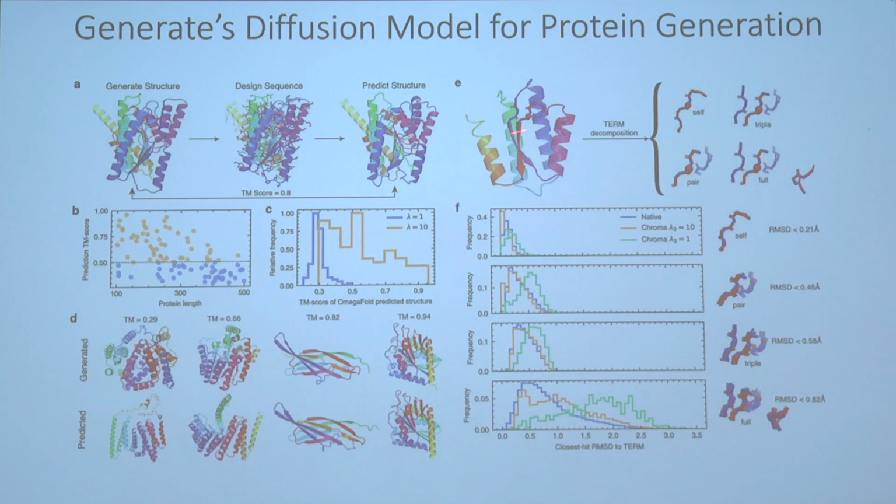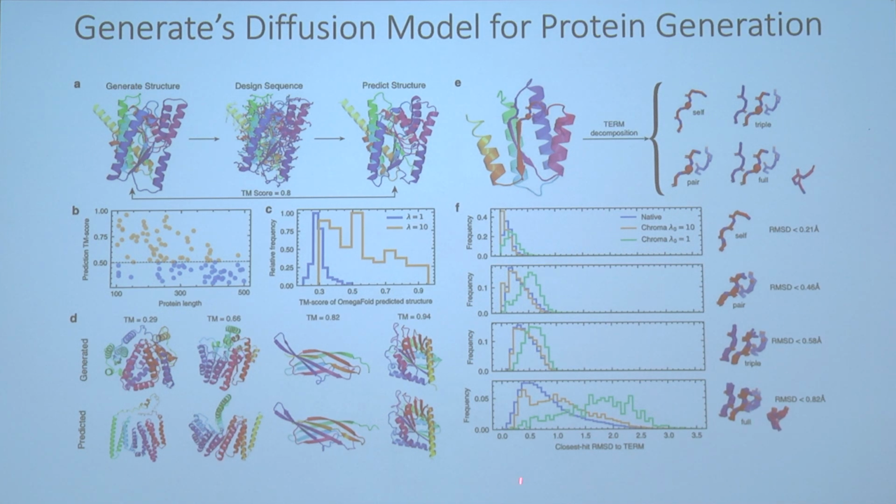And so if we study the TERM decomposition of Chroma-generated proteins and compare it to the native, then we'll be able to tell whether they can recapitulate these TERMs or tiny motifs we normally would see. And maybe that's a step in the right direction in that we're still remaining in that realistic protein backbone space, but also if we have the capacity to diversify what possible motifs we end up designing and they're not seen in nature or already in the PDB, then it's interesting that we have the ability to go that far.